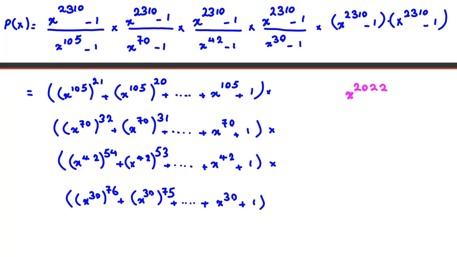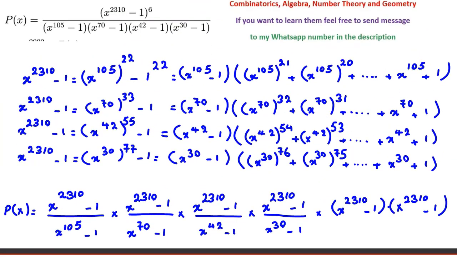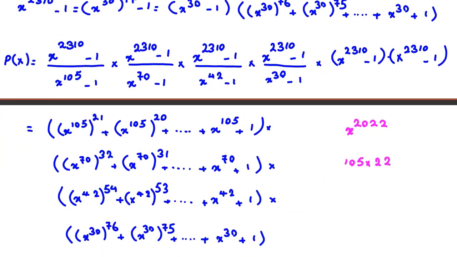Okay, now let's focus on this. Suppose here it is 105 to the power of something. And we know the last one is greater than 2022. Why? Because we know 105 times 22 was 2310.